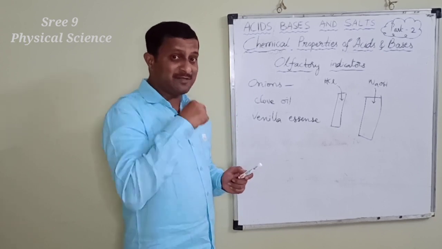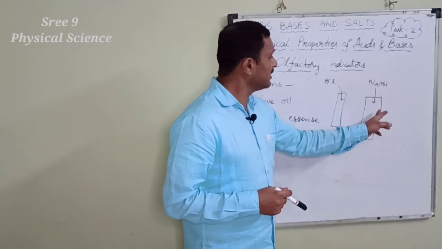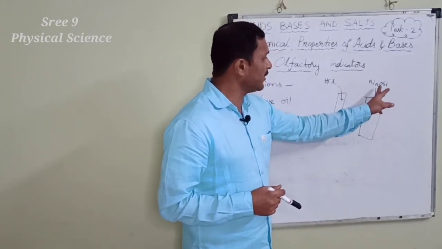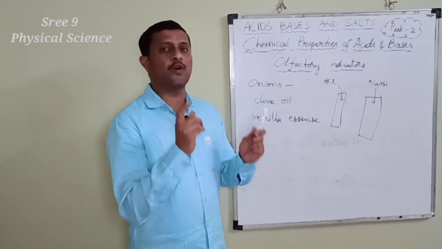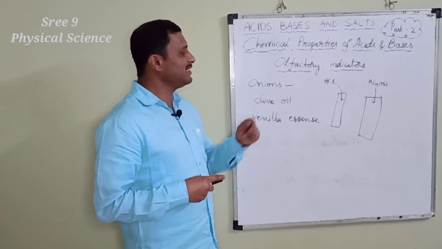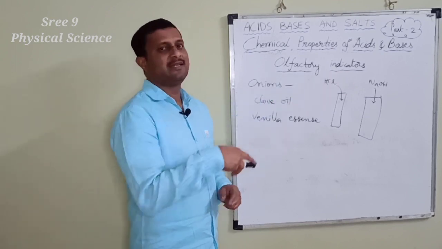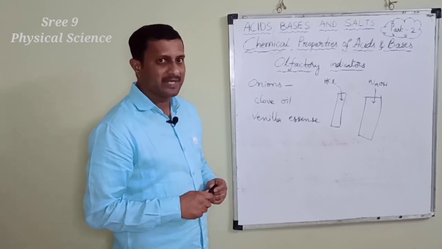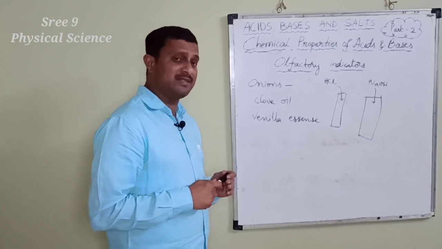Now it changes that smell when rinsed with HCl. The cloth strip which is rinsed with sodium hydroxide also changes its odor. So the substances which change their odors are called olfactory indicators. They change their odor in acidic medium and basic medium.